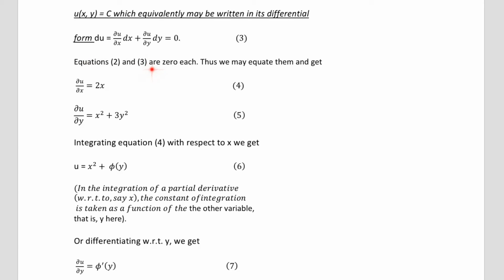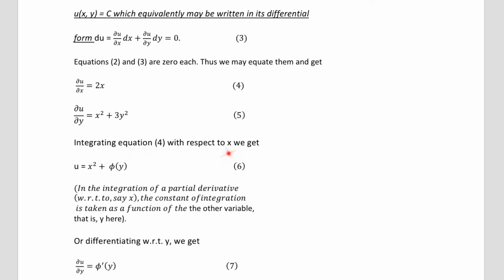Equations 2 and 3 are 0 each. Thus we may equate them and get this, and we call it equation 4. Similarly, we can also get by this comparison partial u over partial y is equal to x squared plus 3y squared. Let's call this equation number 5.